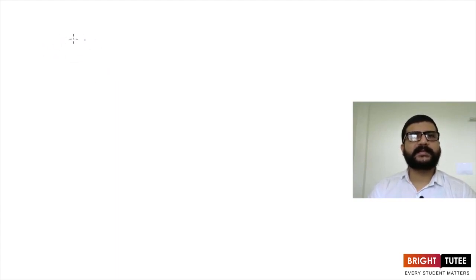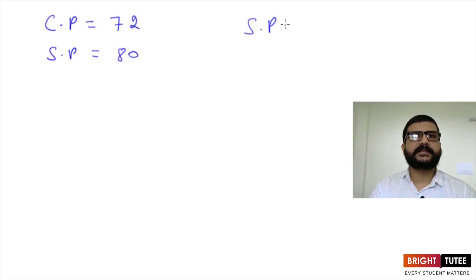Now let's try to find loss percent and profit percent. Suppose we bought an item at rupees 72 and we sold it at rupees 80. That is, CP is rupees 72, SP is rupees 80. Now as we can see here, SP is greater than CP. So it means this is a case of profit.